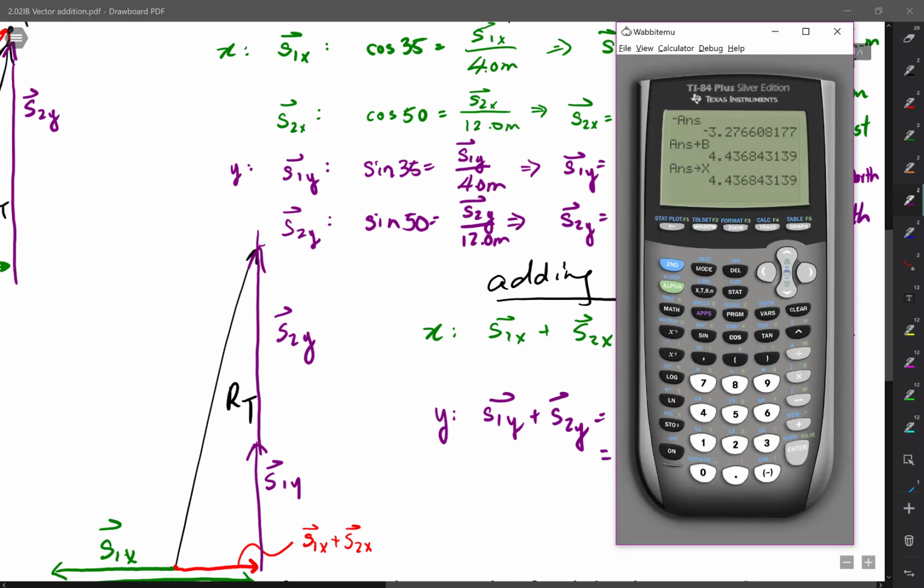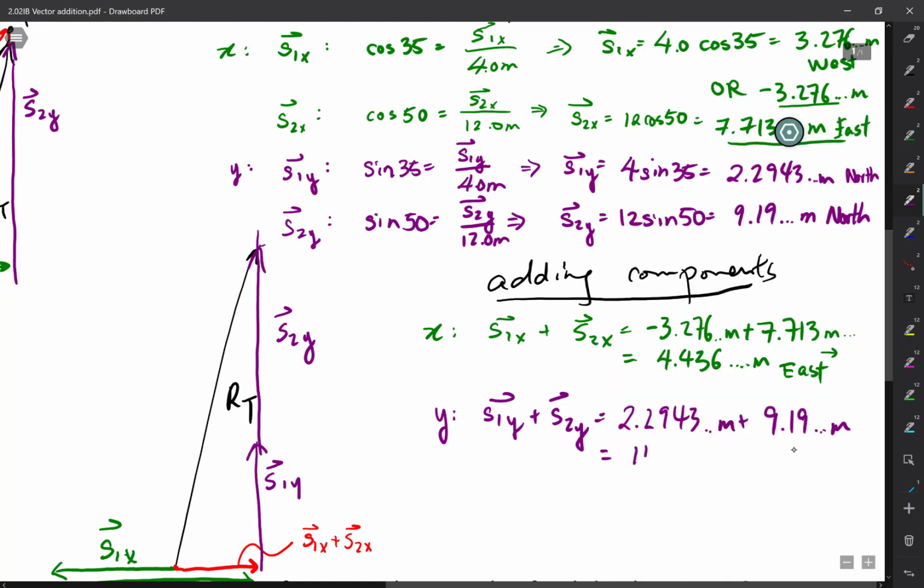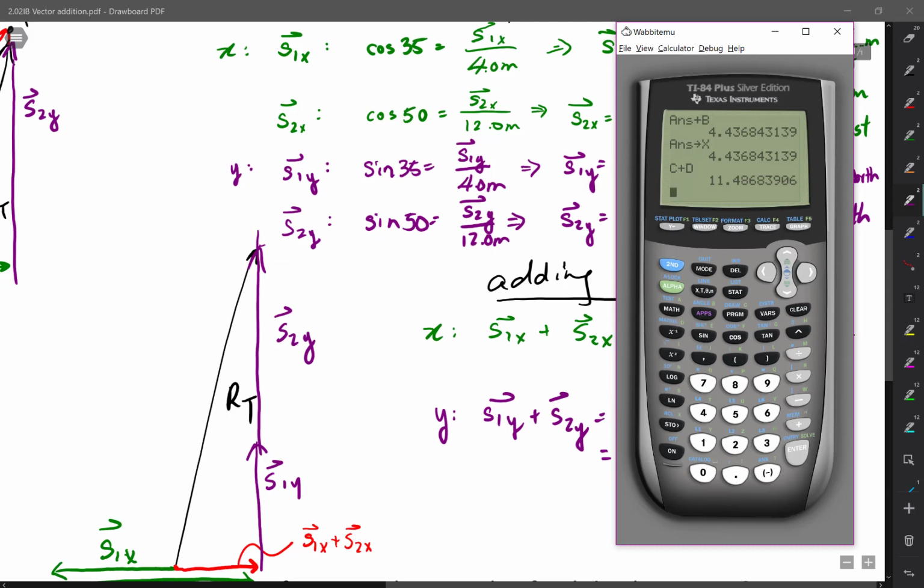And adding these two up, I'm going to add alpha C and alpha D, the two numbers that I stored on my graphing calculator. 11.486 dot dot dot, and this is north because both of the vectors point north. When they add up together, I will store this as the y component.